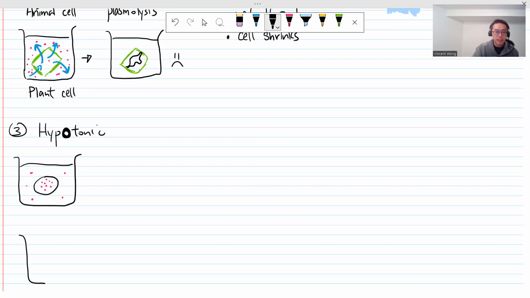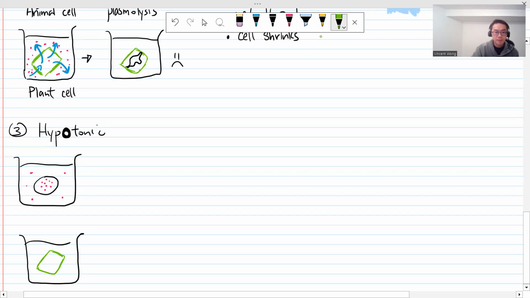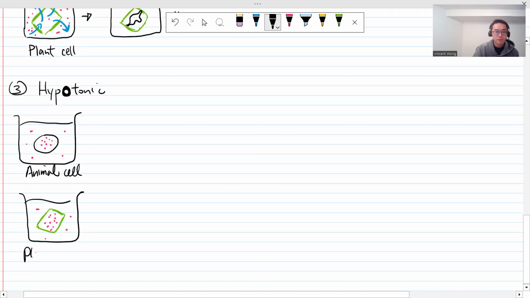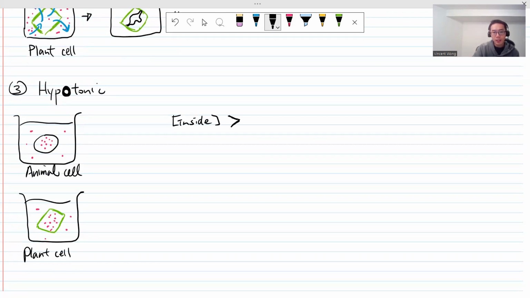Same thing for our plant cell. All right, so in this case, the concentration of the inside is greater than the concentration outside.